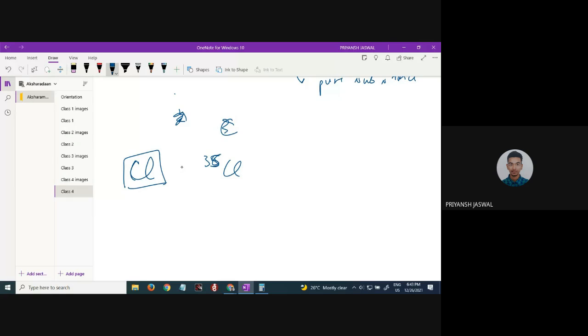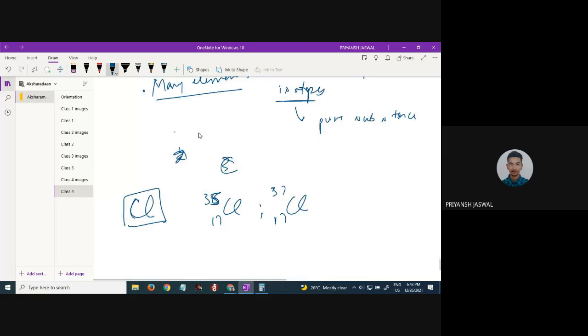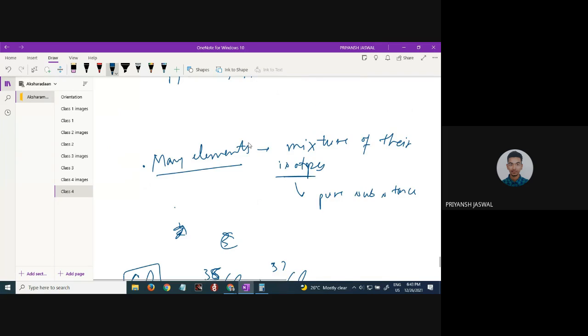Some of the atoms will have mass number 37. So any element in nature is found as a mixture of its isotopes.